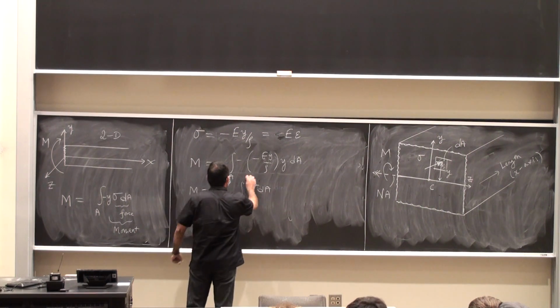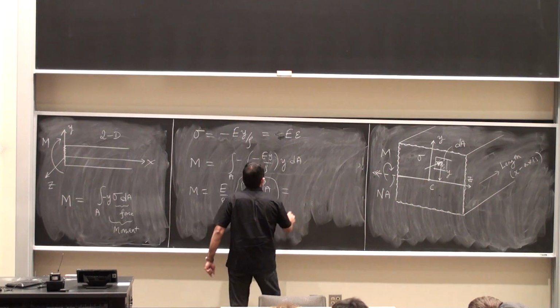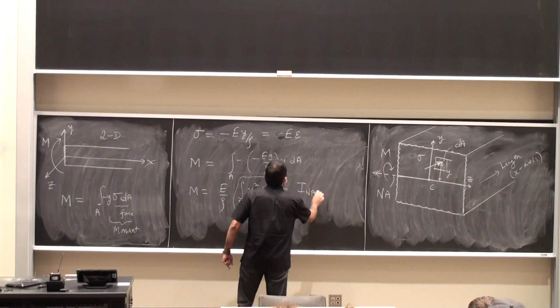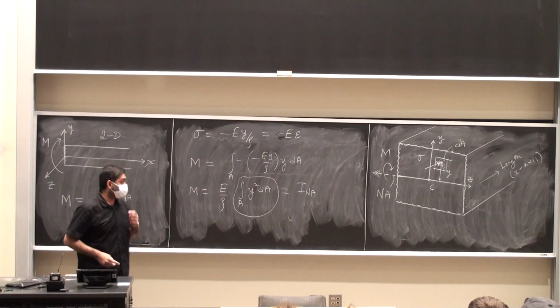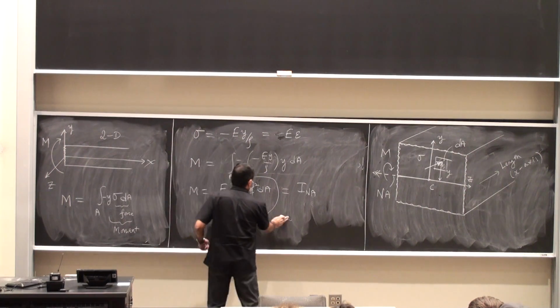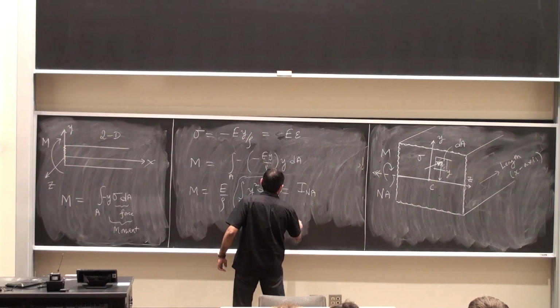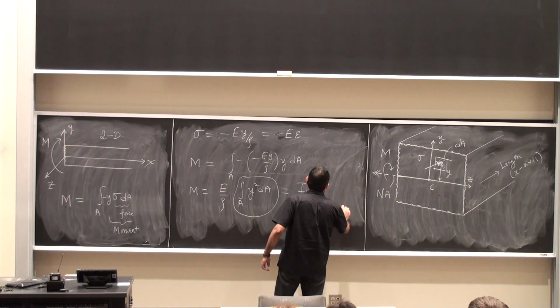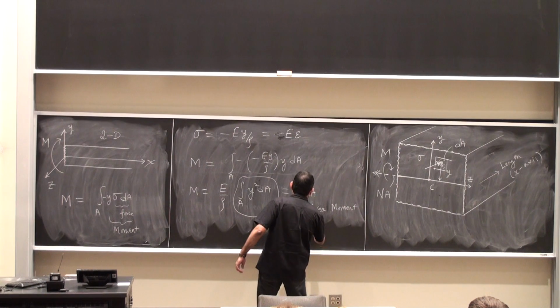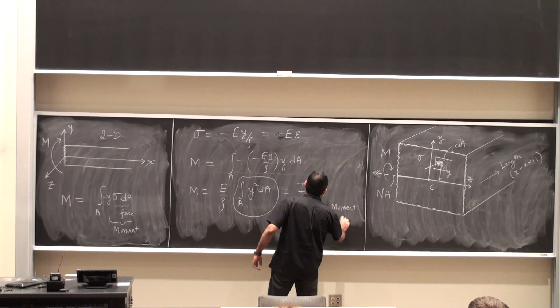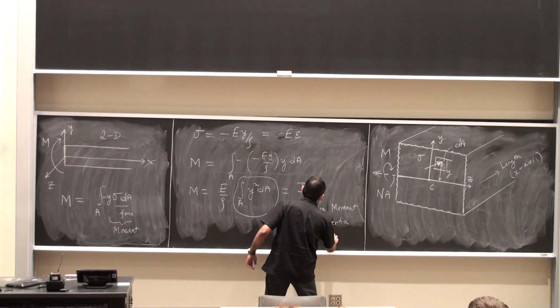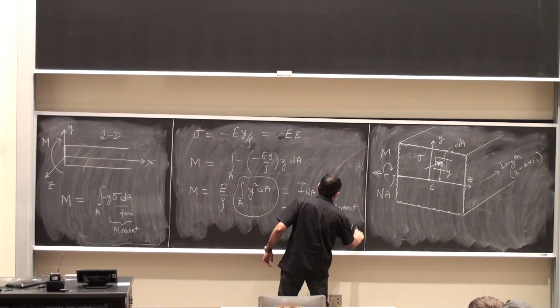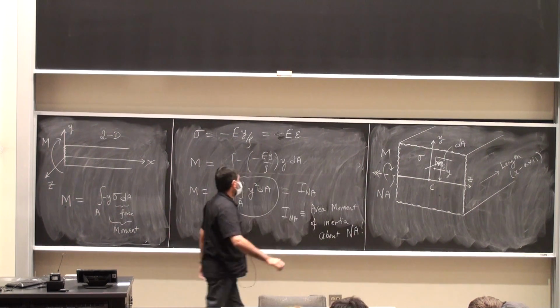Okay, so this one here is called INA, which is the area moment of inertia about the neutral axis.